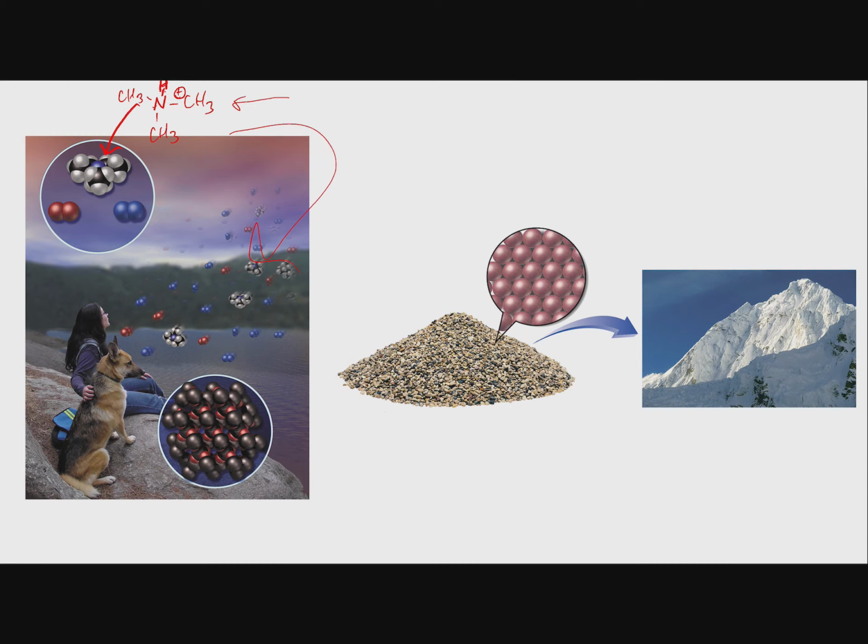To get an idea of how small atoms are, imagine if within one pebble, every atom inside that one pebble was actually the size of the pebble itself. So picturing a very, very small pebble, one of these little rocks. Inside that rock, you can imagine that it's actually made up of lots of little atoms.